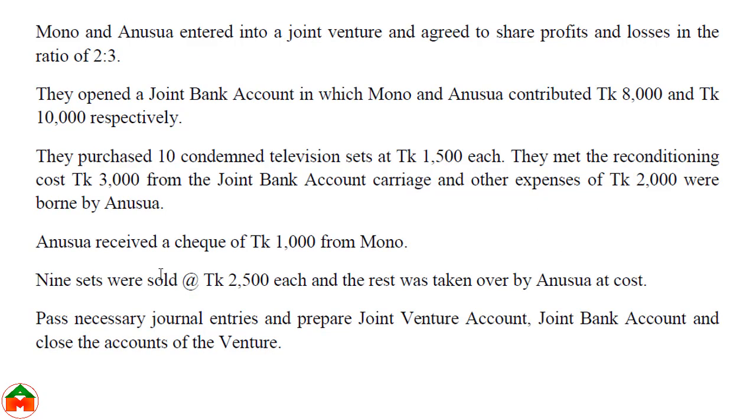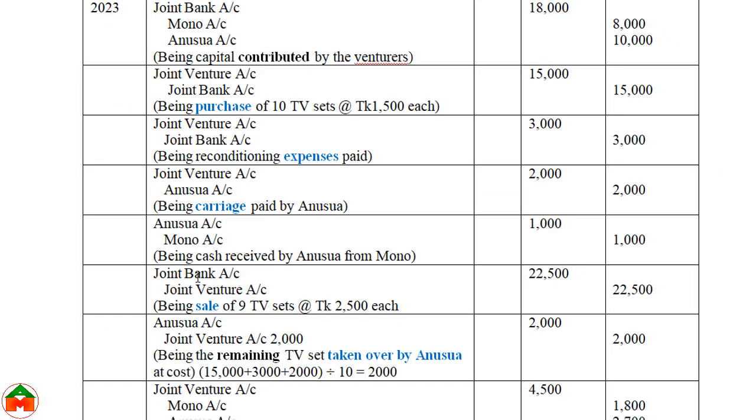Then there is information about the sale. They purchased 10 televisions, but they sold 9 sets at the rate of Taka 2,500. For this sale, the journal involves the joint bank account because the sale is made in cash. Due to the cash sale, the bank account would increase. That's why joint bank account debit 22,500.